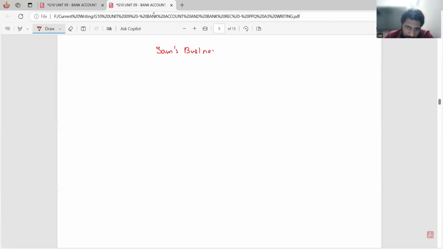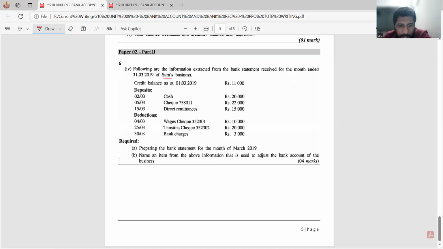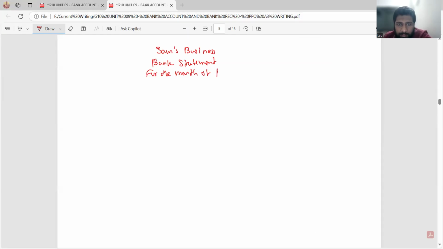Bank statement for the month of March 2019.